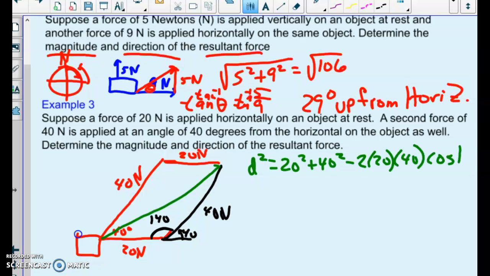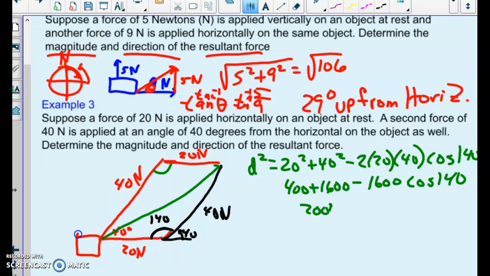And I'm going to use the 140 because that's the angle on the interior of this. And it would also be the angle up here if I wanted to use that one. You'll get the same answer either way. And so let me do a little simplifying here. And I get 2,000 minus 1,600 cosine 140.